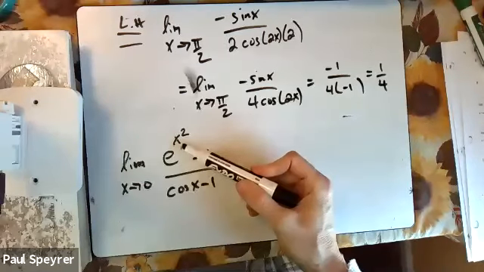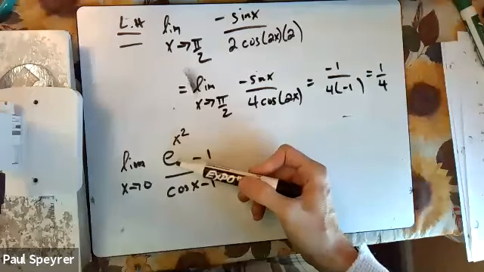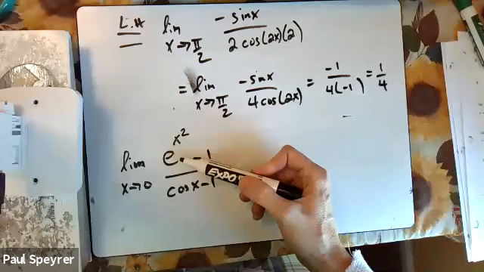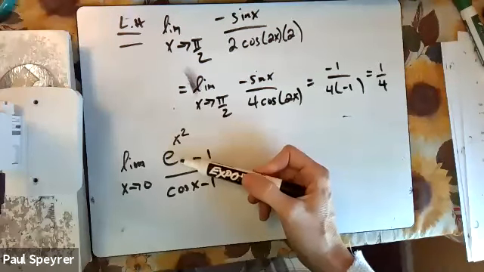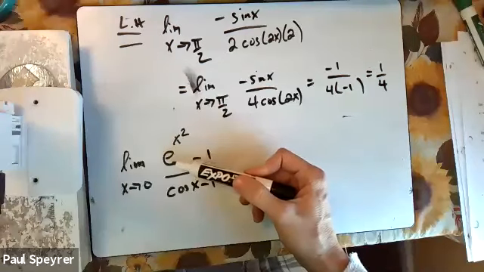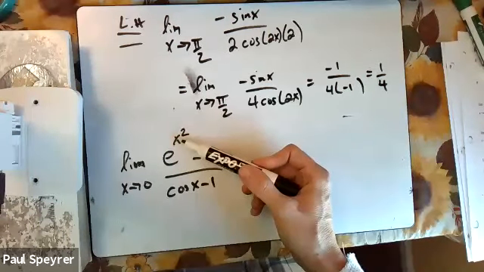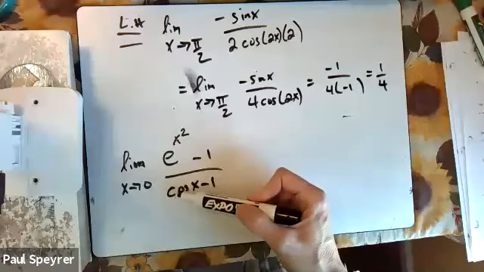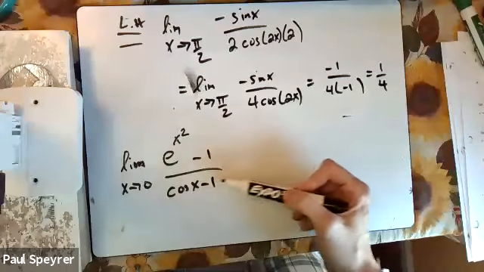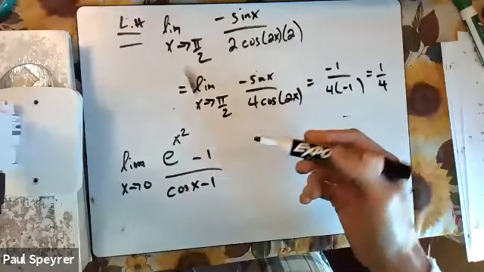So if you plug 0 in, you get e to the 0. Remember, e is a constant, right? It's a number. It's like 2.71, blah, blah, blah. So when you have a number raised to the 0 power, what is that? That's 1. 1 minus 1 is 0 up top. Cosine of 0 is 1. 1 minus 1, that's equal to 0, right?